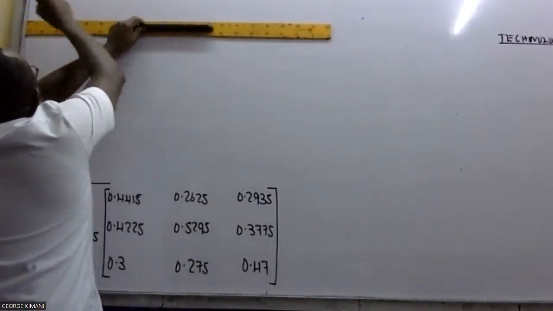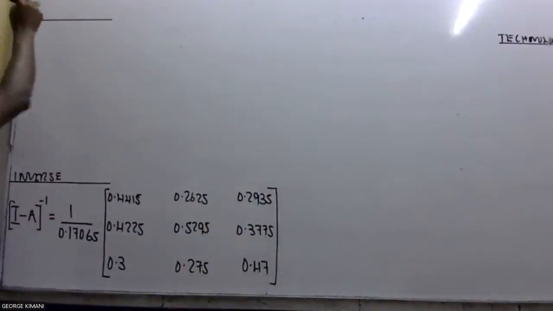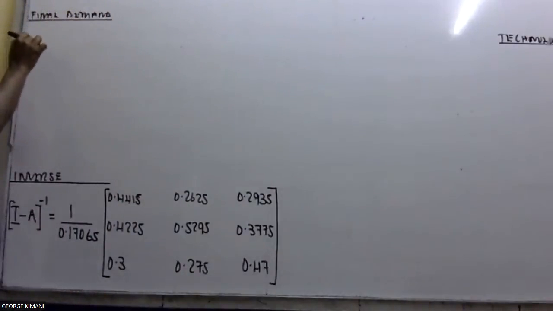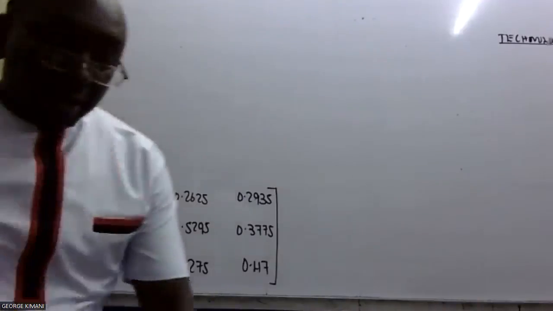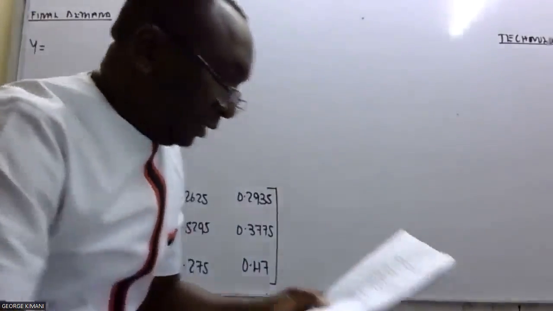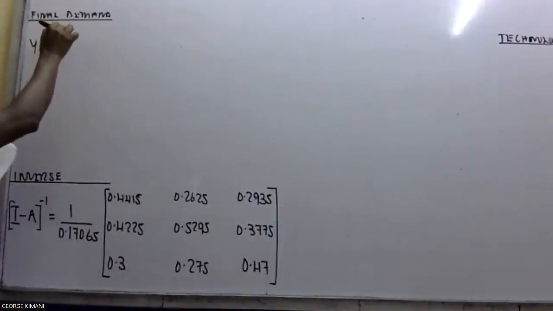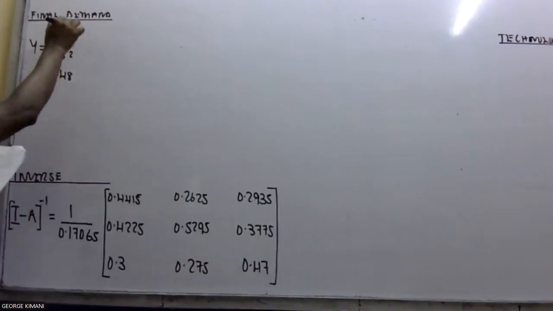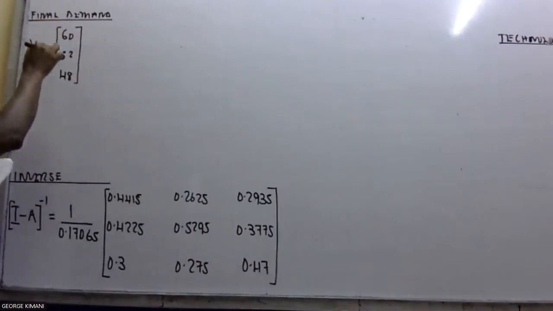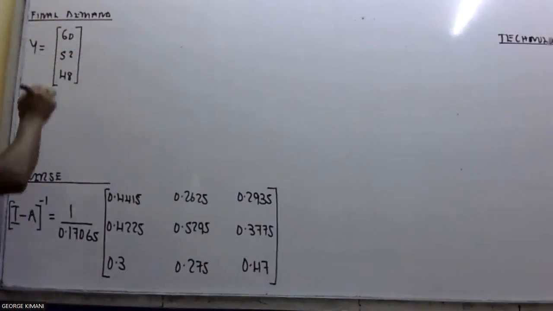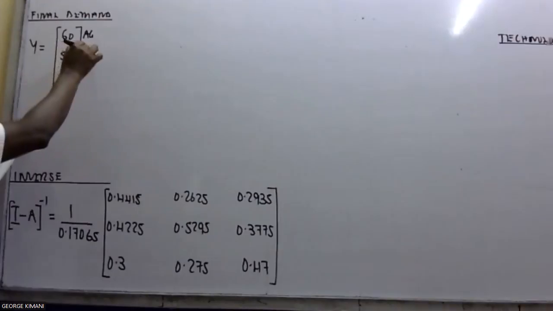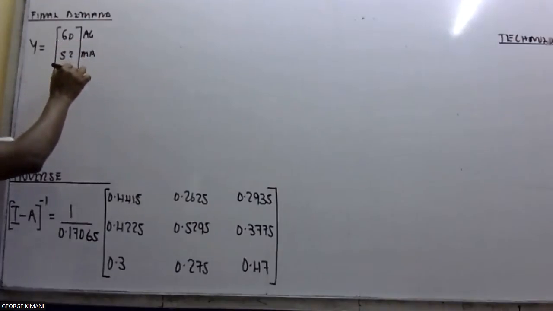The next thing that you require is final demand. Final demand tusema inasimamiwa na matrix Y. Na tulikuwa tumeambiwa it is 60, 52, and 48. That way, this is for agriculture, this is for manufacturing, and this is for transport.